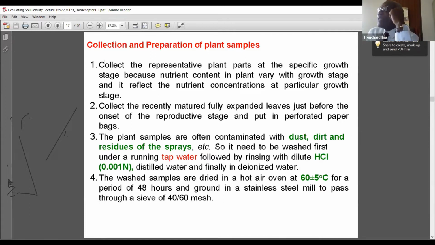The washed samples are dried in a hot oven at a temperature of 60 degrees, plus or minus 5, for a period of 48 hours, and ground in a stainless steel mill to pass through a sieve.